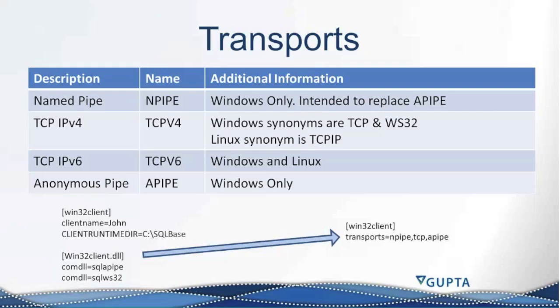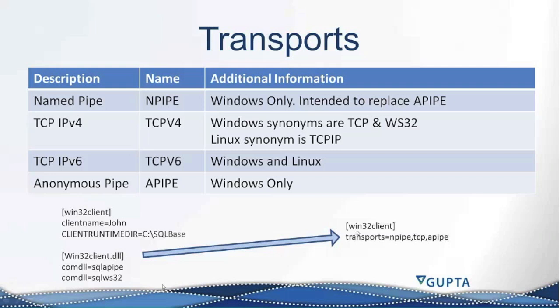And we will still read legacy SQLini files, and we'll interpret them. So if we see a COM DLL equals SQLAPipe, we'll interpret that to say he wants to use anonymous pipes, but we're not going to load a DLL. We'll just make a note of what's being requested. And so this will still work.